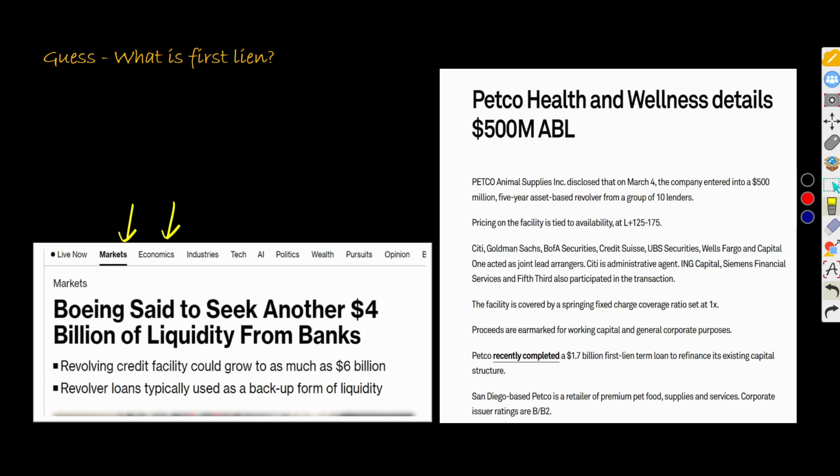From an interview perspective, you may expect a comparison between revolver facilities and term loans, or a delayed draw term loan. So in the next session I'm going to jump into the delayed draw term loan, how it works, and at last we'll do the comparison between term loan, delayed draw, and your revolver credit facility, and how they are different from each other.